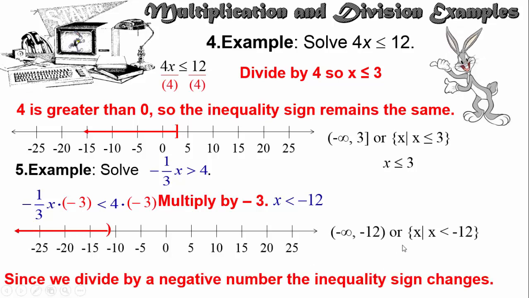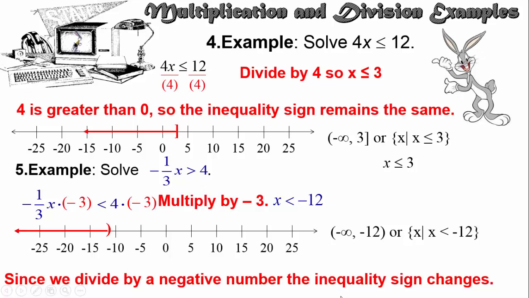If we write this in interval notation, that means we start out with a round bracket for the negative infinity, and then we have negative 12, but negative 12 is closed by a round bracket since we do not have the little line or equality sign here.